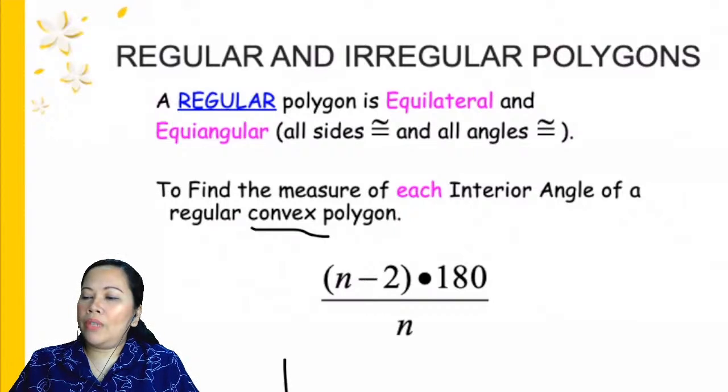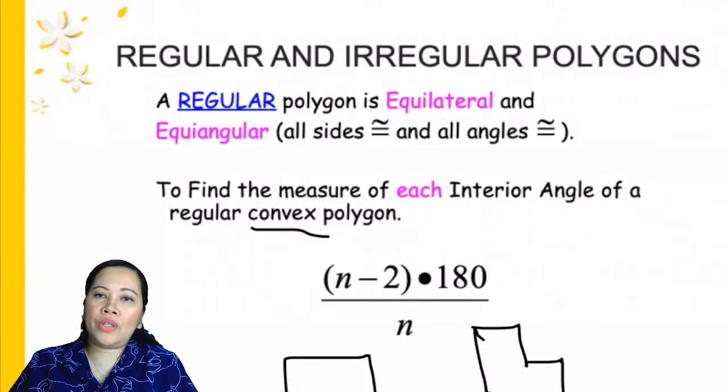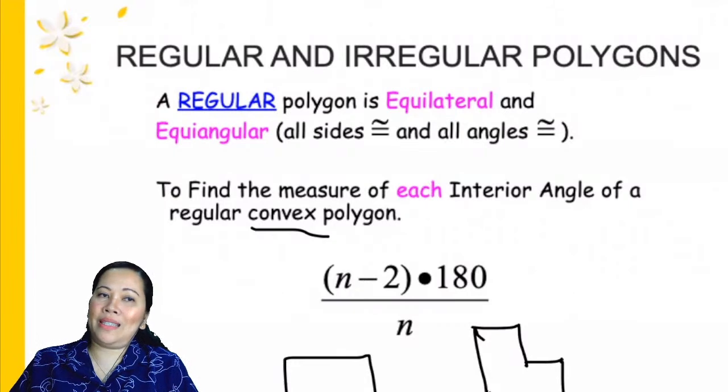So if I have this one compared to this one, okay, all of them have straight edges or straight sides. So they are all polygons. However, they are not all convex. Okay, some of the books would say that for you to be able to understand convex, you just extend all the sides.